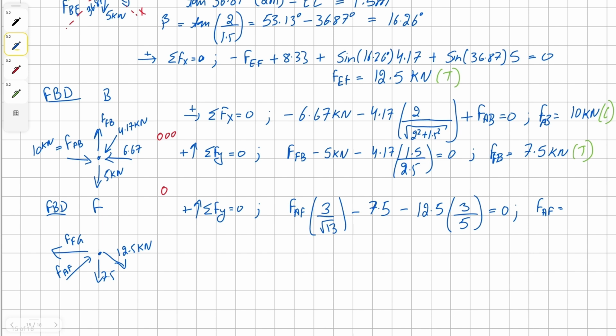Solving for EF, we get our solution as 18.03 kilonewton positive. This means this member is in compression.